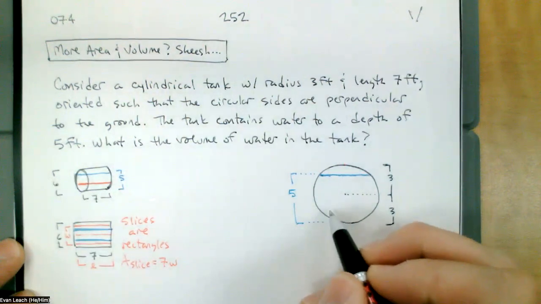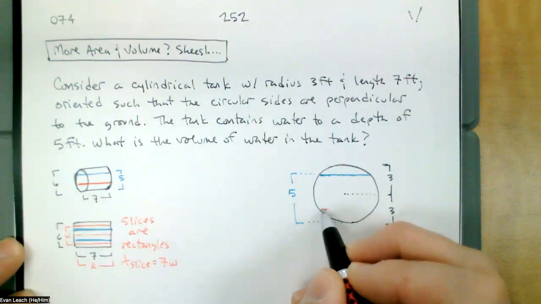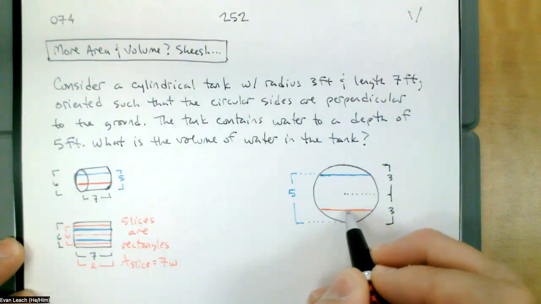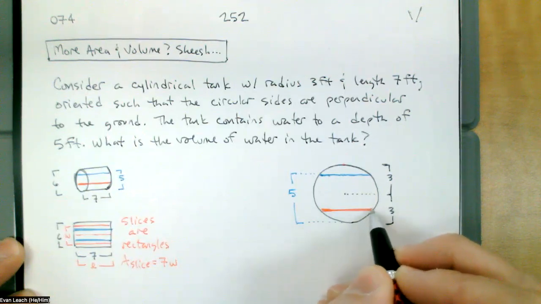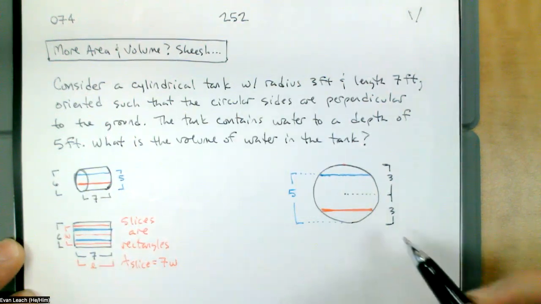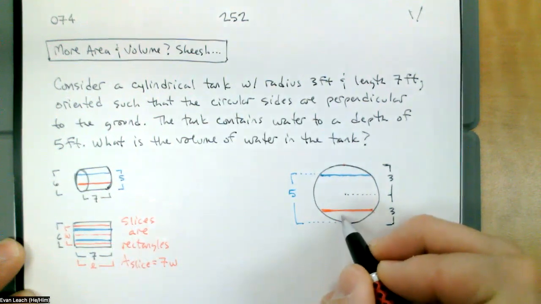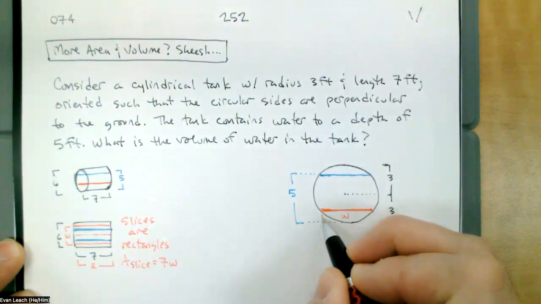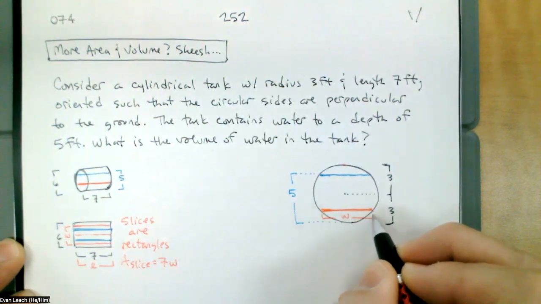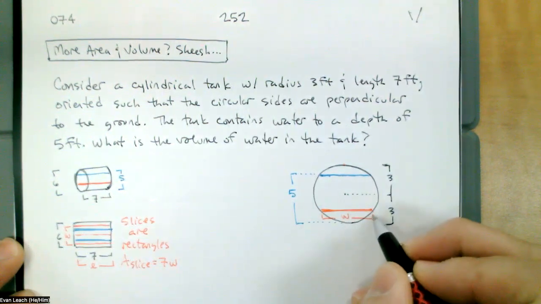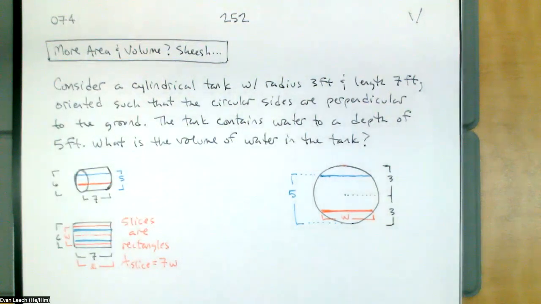I'm going to draw a rectangle down here. In this view, we don't see the 7 feet going down into the desk. All we see is the width of this rectangle. Our strategy is going to be the same as it always is.